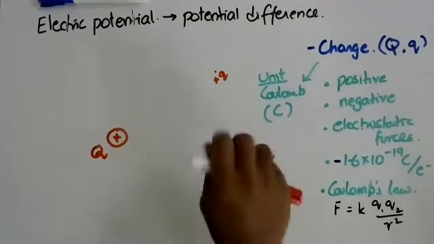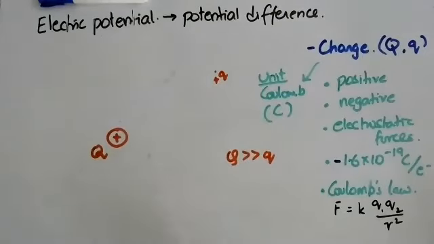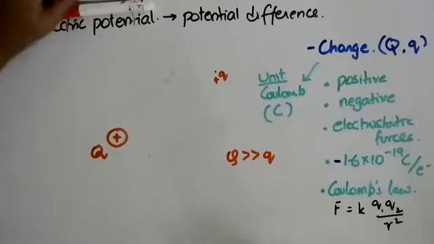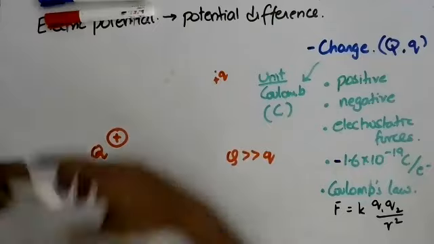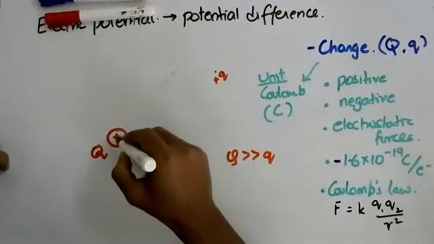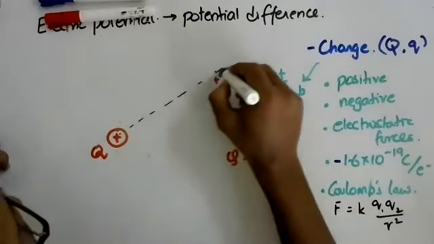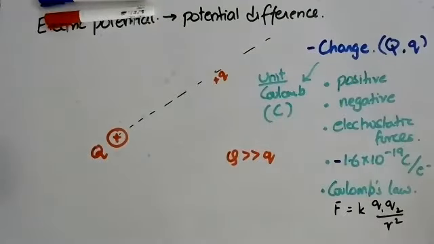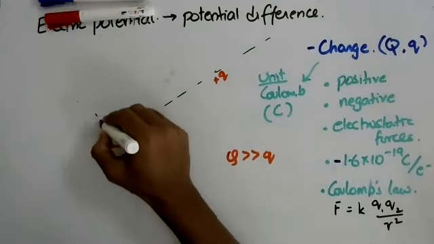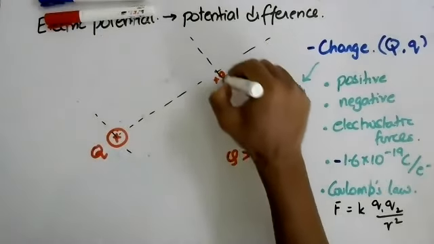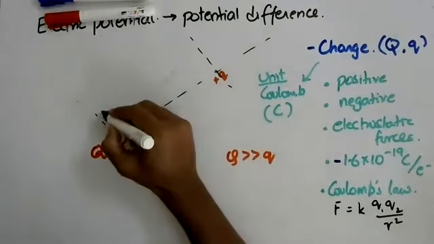Now, when this charge is placed at a certain distance from this object, and this distance is your r.